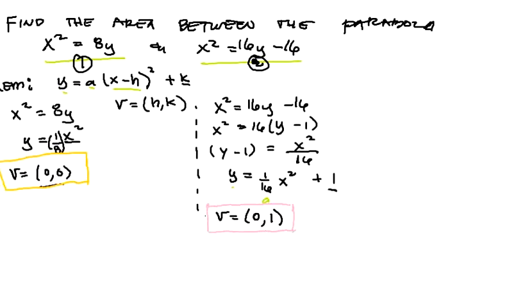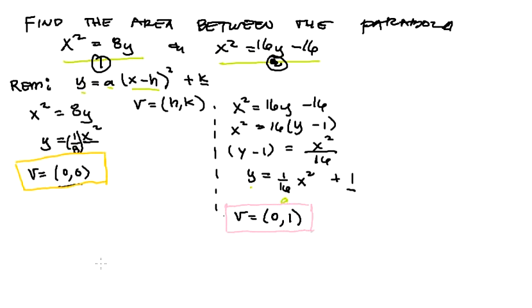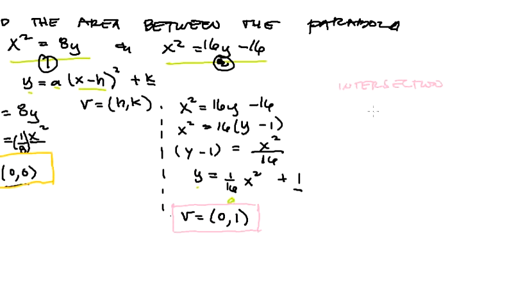So once again, let me box this important element here. Right after that, what else do we need? We need to find the intersection points of these two parabolas. How can we find the intersection of these two parabolas?